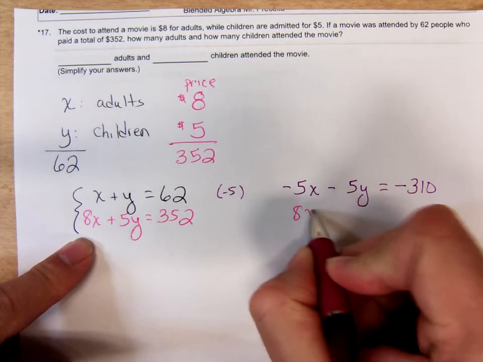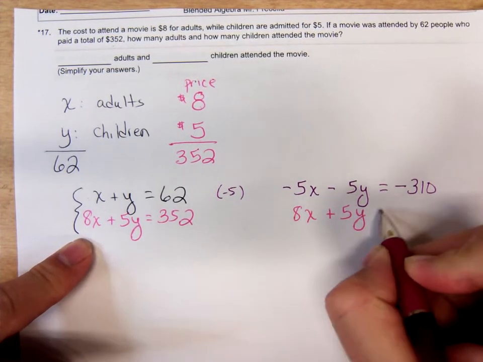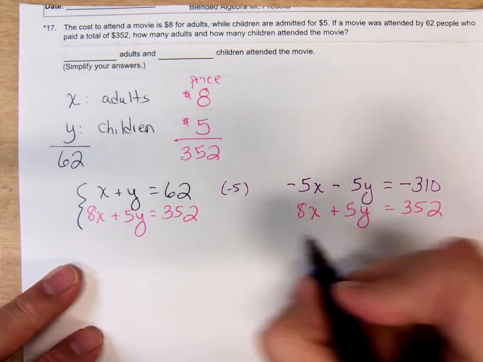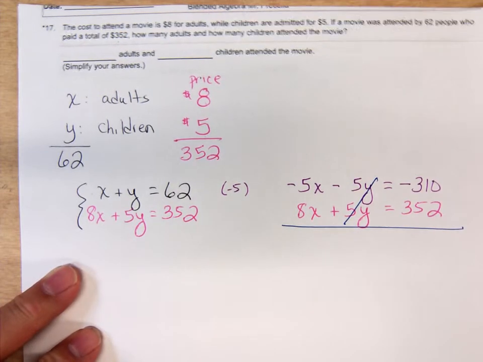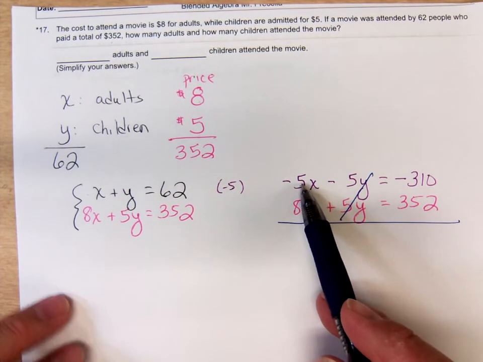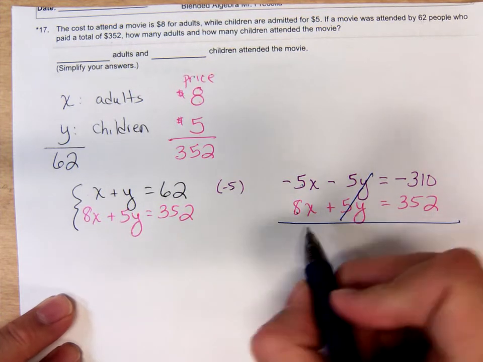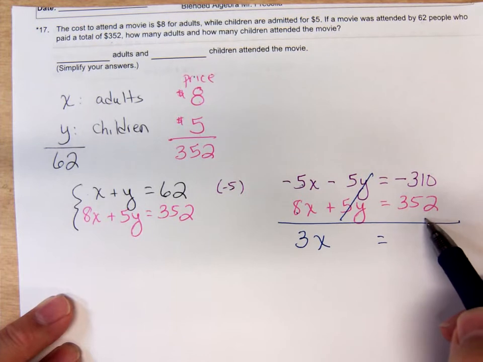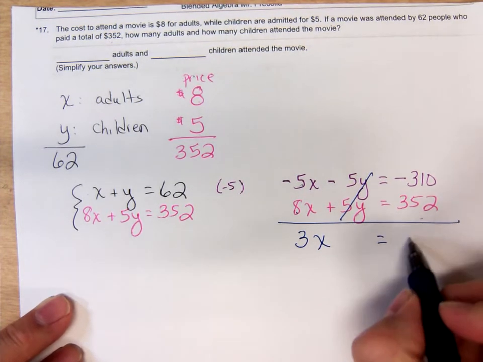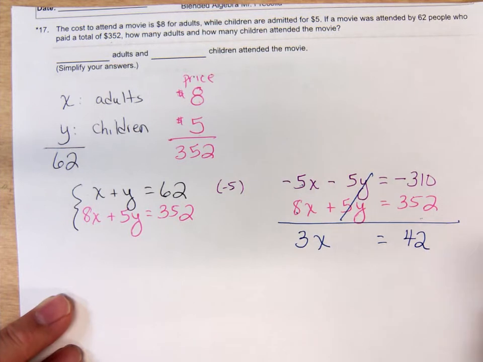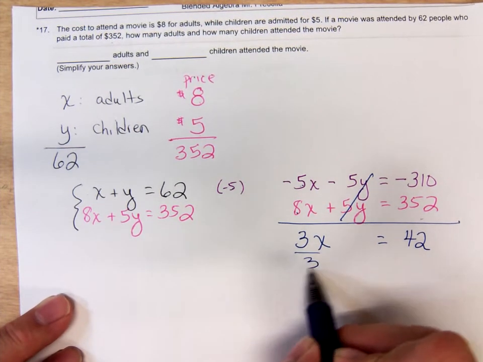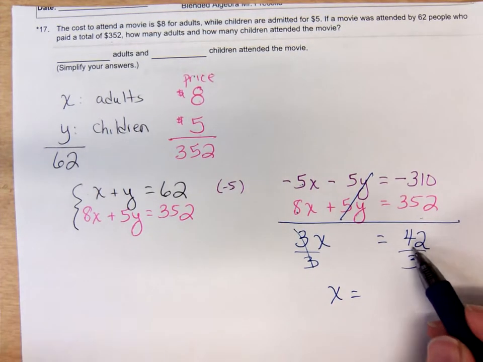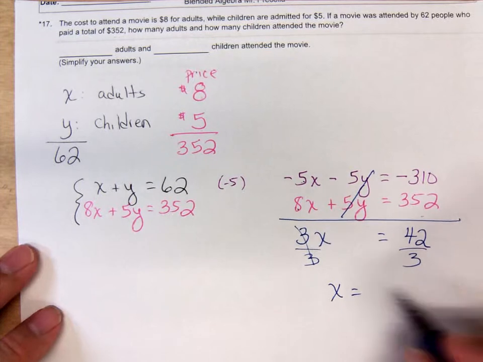It's going to fall out real quickly when I add vertically. Notice how the y's are being eliminated. -5 plus 8 is a positive 3. -310 plus 352 is a 42. That's easy to solve. Divide by 3. 42 divided by 3, is that 14?